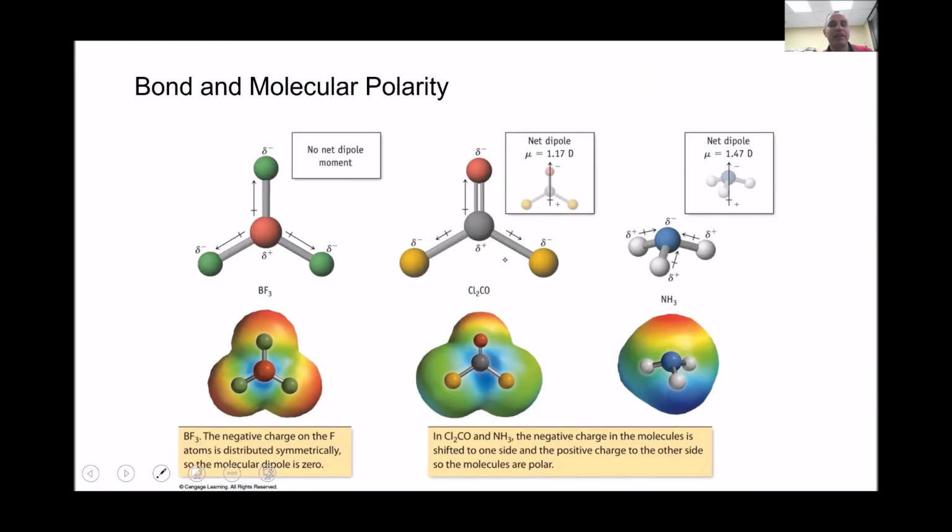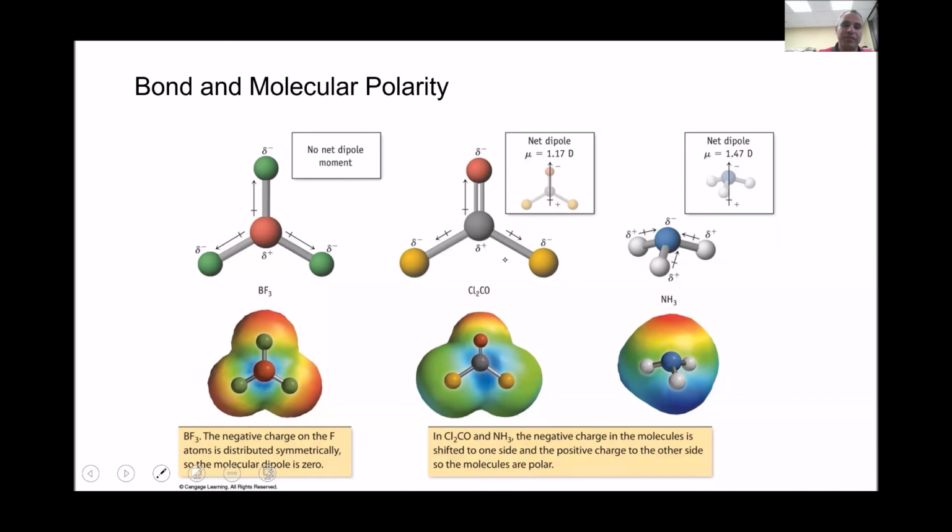If you have any type of unsymmetry in the shape of the molecule that will cause the dipole moments not to completely cancel with respect to each other, the molecule is going to be polar.